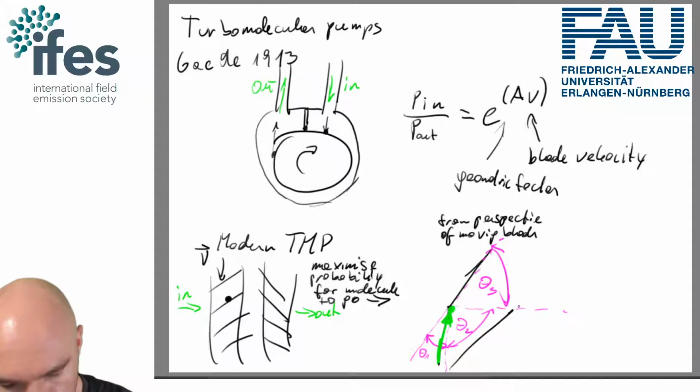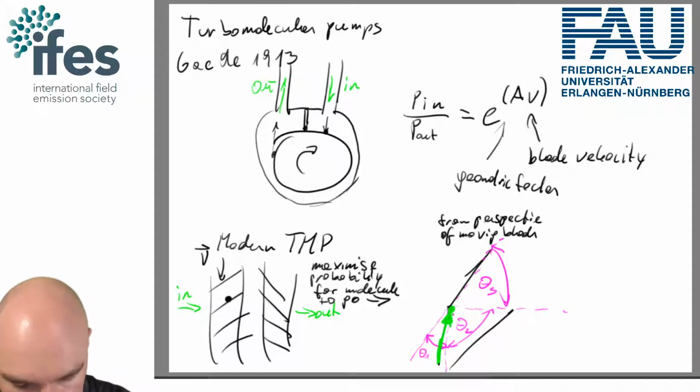So if our molecule desorbs in the direction of phi 3, then it has moved to the right. If it desorbs in the direction of phi 1, then it will desorb and move to the left again.